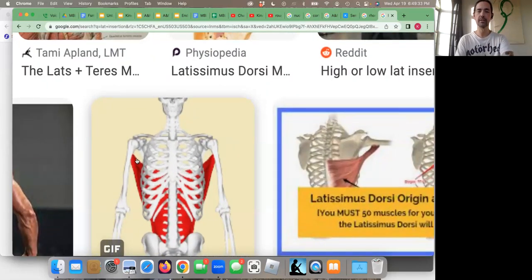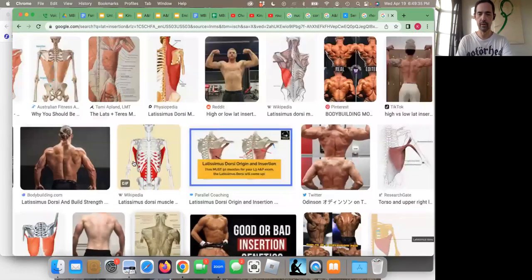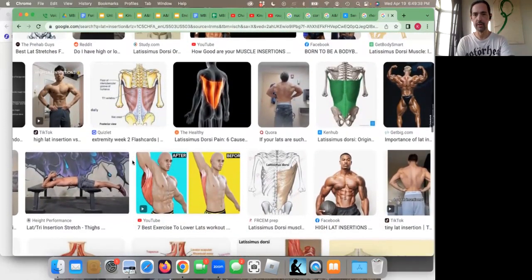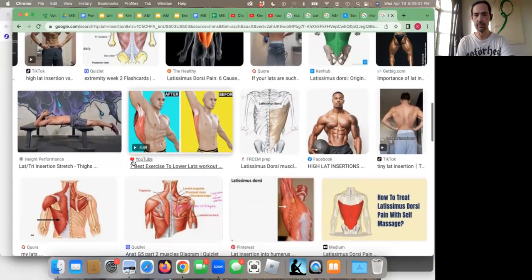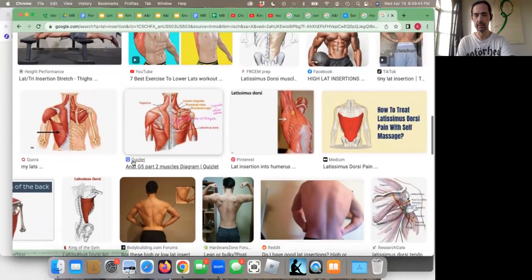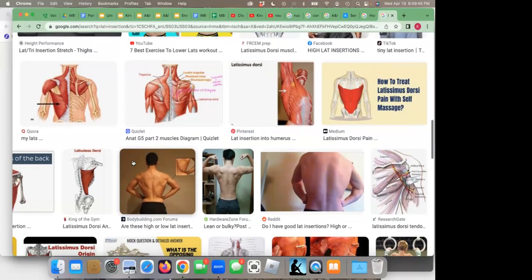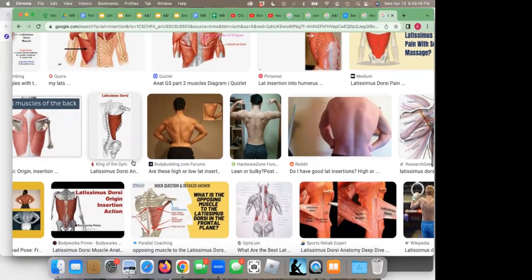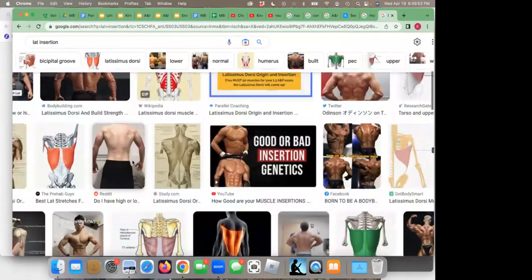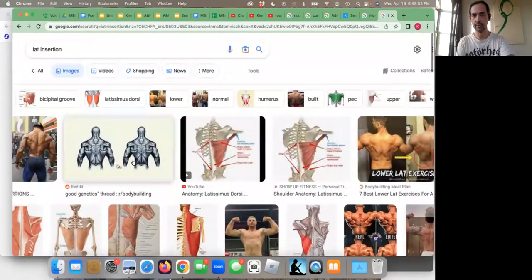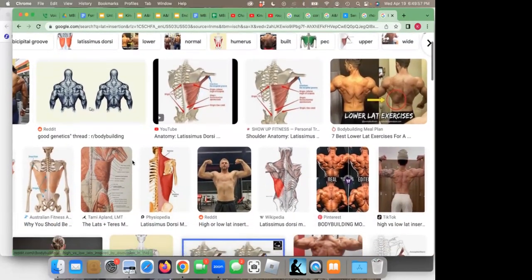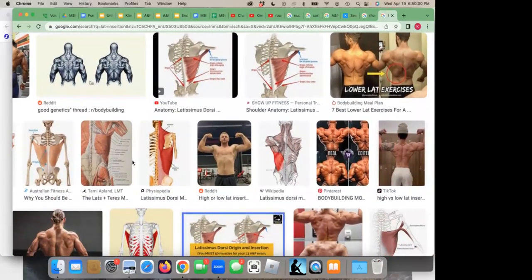Okay, let me see if I can find a view of the lat from the front. There's one up there, but we're going to have to go with this one.